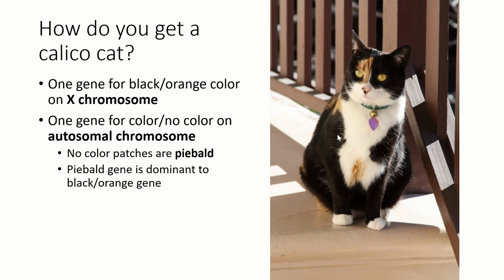Okay, so we have two genes working together here. Black and orange are codominant to each other. White is dominant to black and orange, because if no color is expressed, then it doesn't matter whether the black or orange is expressed.